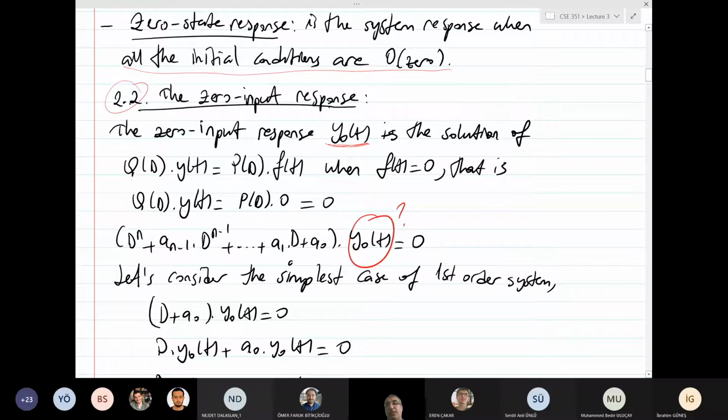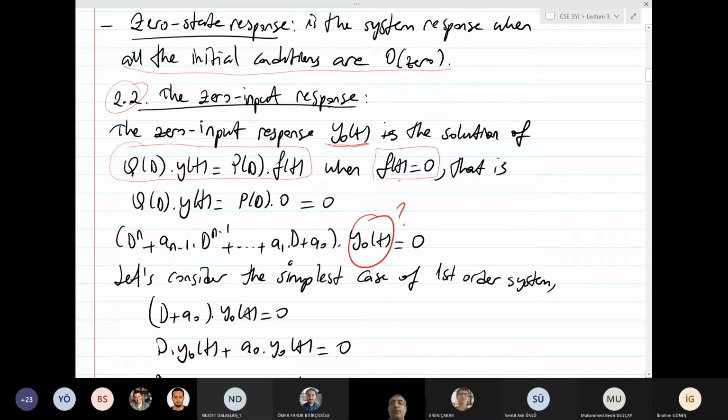So y0 of t is the solution of this system equation, which, remember guys, was a linear differential equation. And according to the definition, zero input response is obtained when f of t is equal to 0.